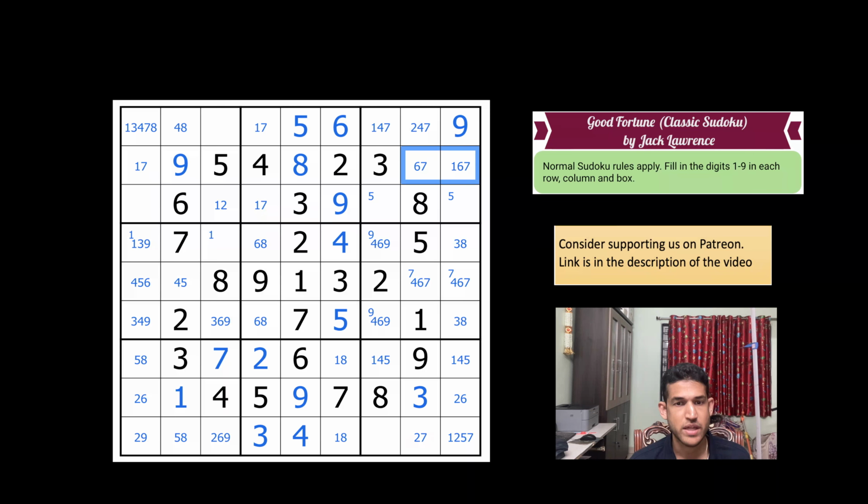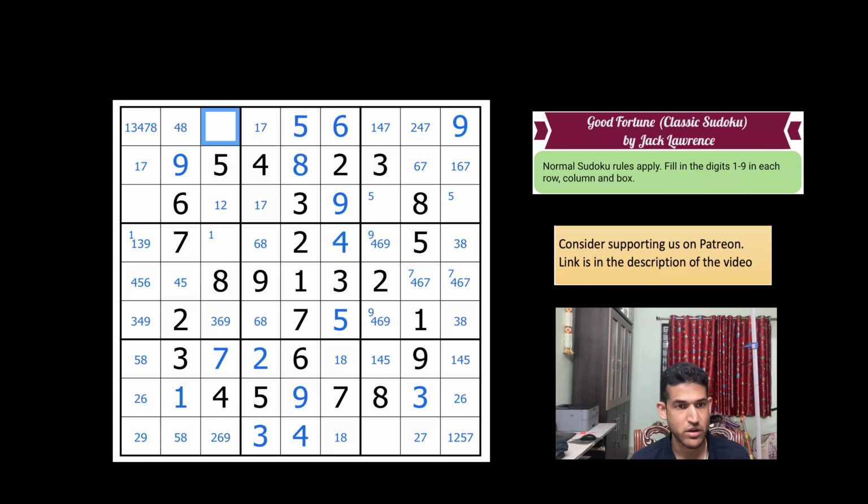Six is in these two cells. Okay, if you look at column 3, 4, 5, 7, 8 and 6 and 9.